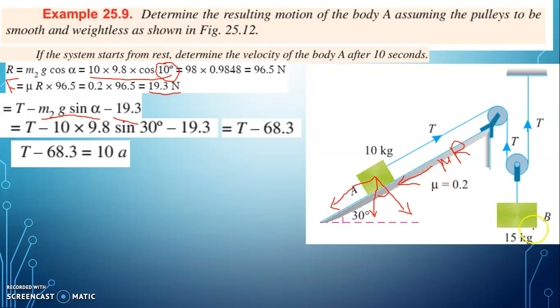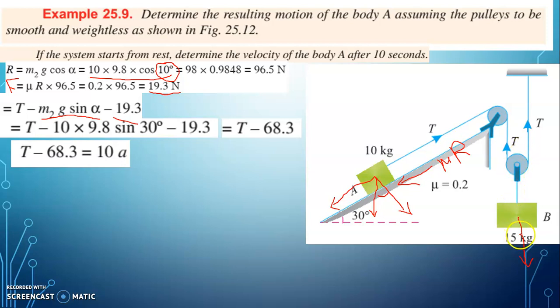And next we will be analyzing the block 15 kilogram. It will be moving downward with an acceleration. We will be analyzing what are the forces acting on this block. The first force will be its weight, which is given by 15 into 9.81, and in the upward direction we got two tensions, that is T plus T. So total 2T will be acting in the upward direction.